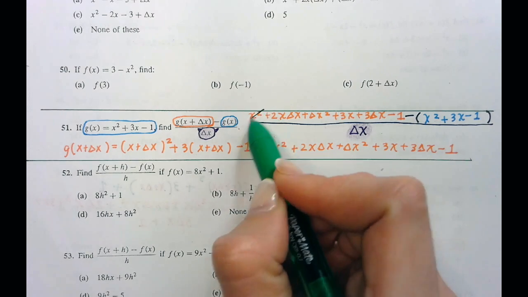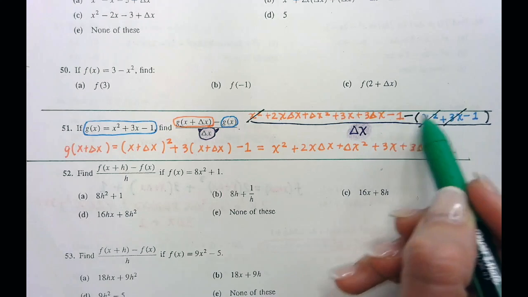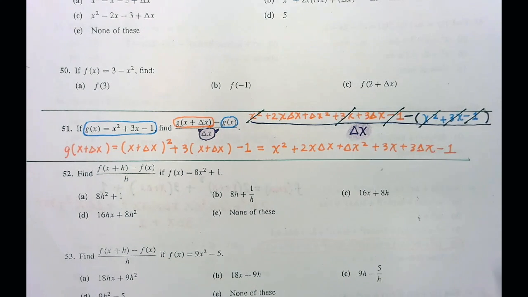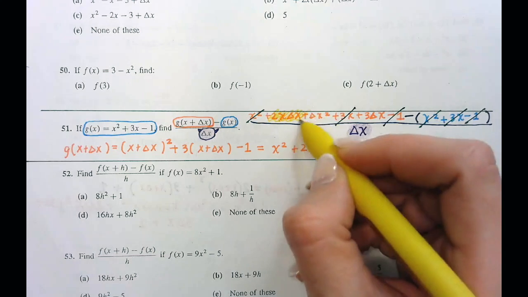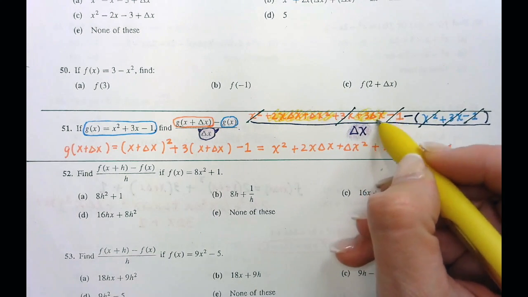X squared and x squared, 3x, because it will be negative, see? 3x, 1, because it will be positive, and 1. Now look at what is left. You're left with 2x delta x plus delta x squared plus 3 delta x all over delta x.